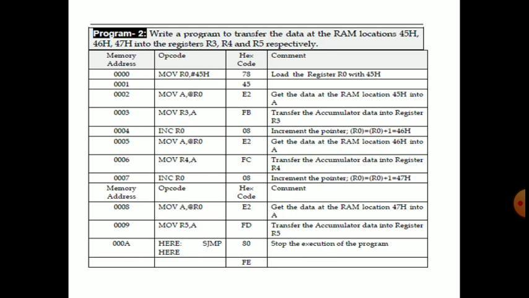The question says the 45H contents have to be moved on to R3, but we cannot directly move these contents into R3. Do you have any instruction like MOV R3, 45H, or MOV Rn, direct?